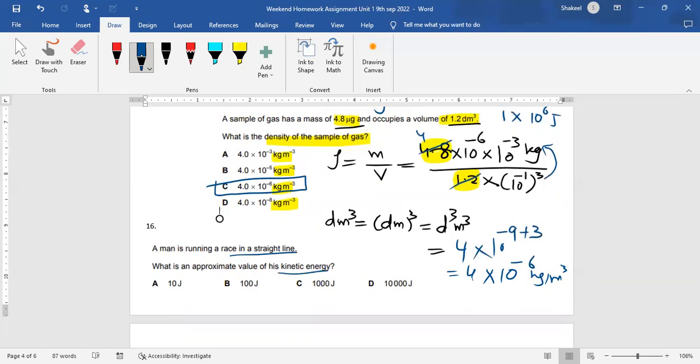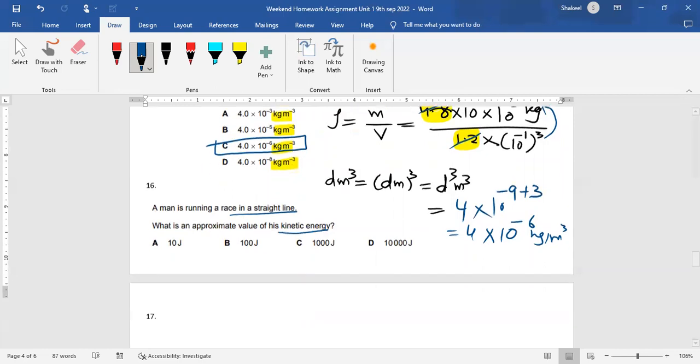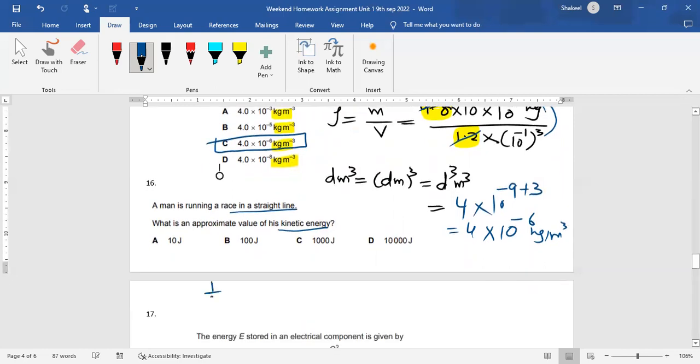A man is running in a race in a straight line. What is the approximate value of the kinetic energy of the man? Okay, so half mv square. The mass of the man is approximately like, you can take 80 kg. And then he is running in a straight line, so what should be his speed? Like I told you the other day, runners in 100 meter have a speed of 8 meter per second to 12 meter per second.